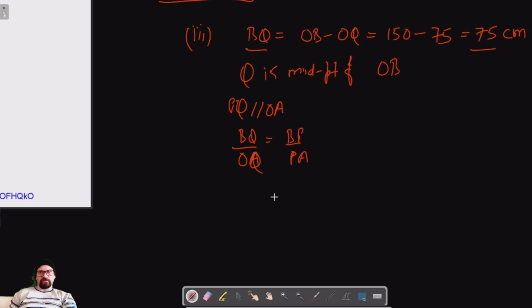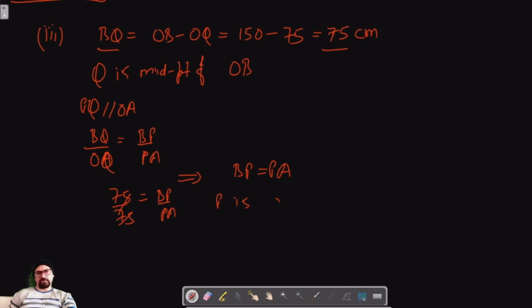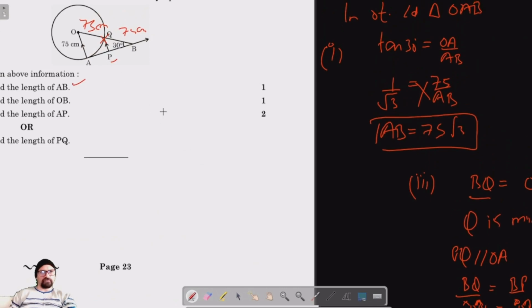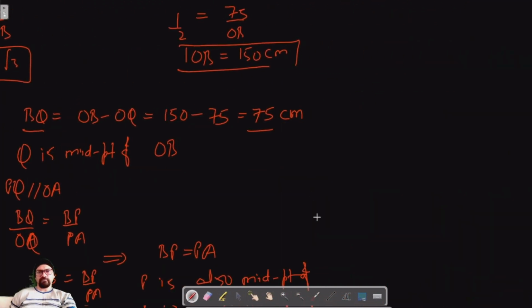Now we know BQ is 75 and OQ is 75. So this is BP by PA. This gets cancelled, and this gives us BP is equal to PA. So that means P is also the midpoint of AB.